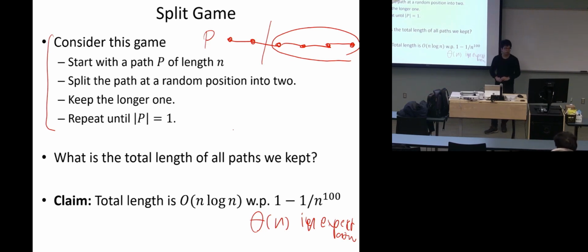Actually, the running time of the quickselect algorithm is linear in expectation, but with very high probability it's not going to be more than n log n. If this connection to quickselect is not clear, you can think about it at home. But for now, let's try to analyze this game.